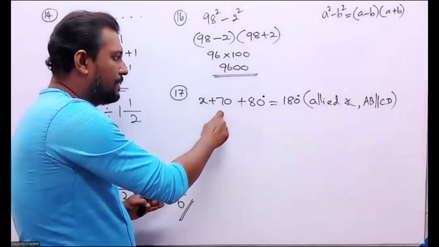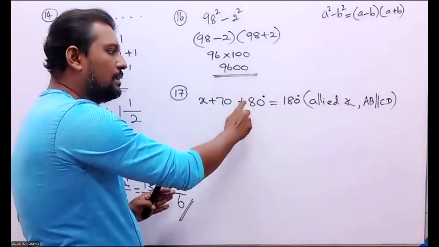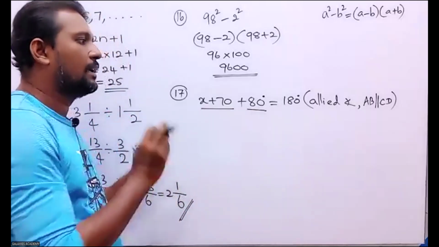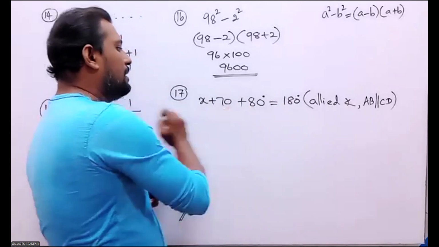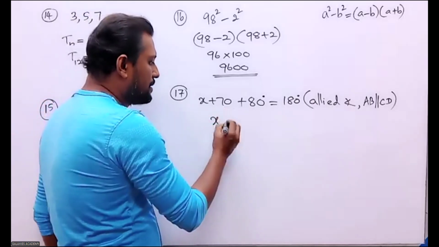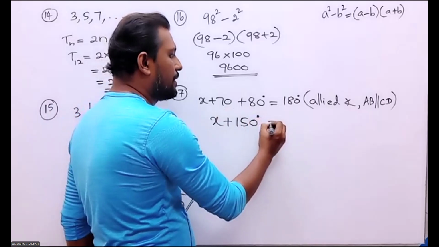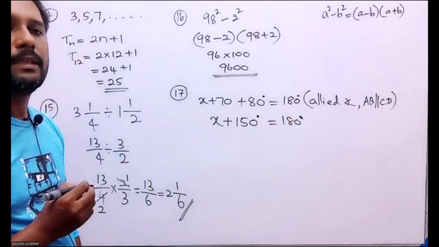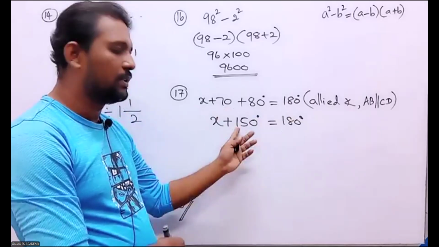This is one angle x plus 70 and this is the other angle. These two, this one and this one, are the allied angles. So these two sum should be 180. Then we can solve this simple equation. x plus 70 plus 80, that is x plus 150, equals 180. Then on both sides you can subtract 150 to remove this plus 150.